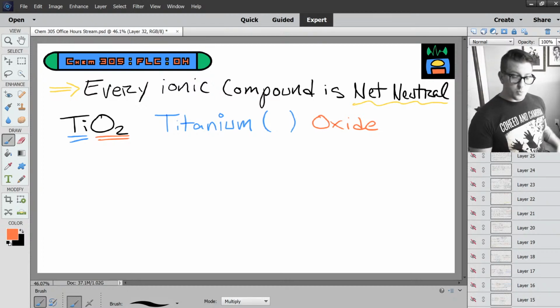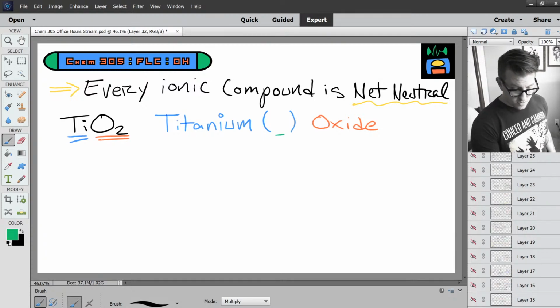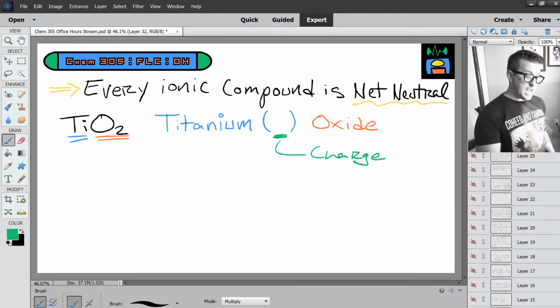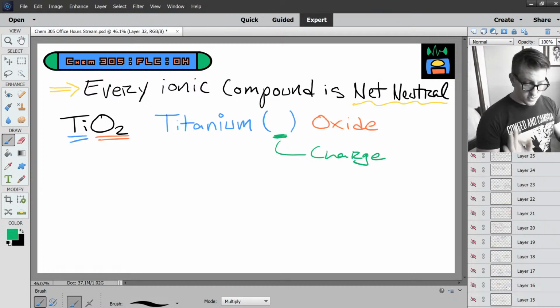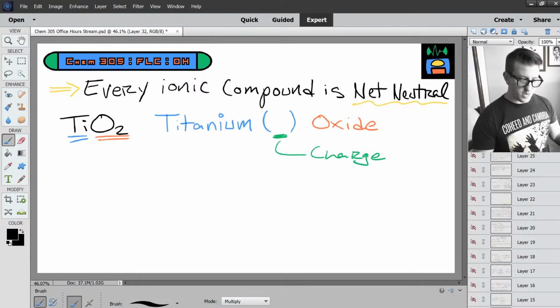But the thing is, we need to figure out the charge on titanium, because part of naming any transition metal is you must determine what charge it has. Right? So, I'm going to be a little bit more explicit when I write out the expression.